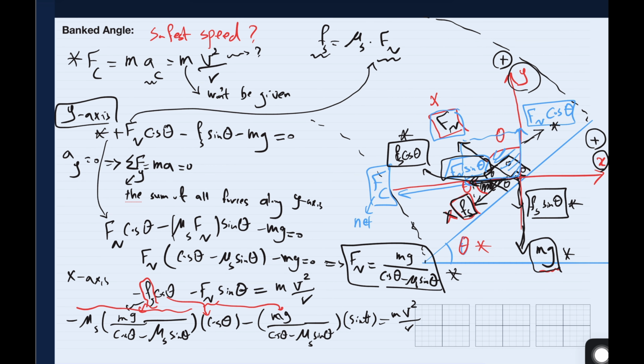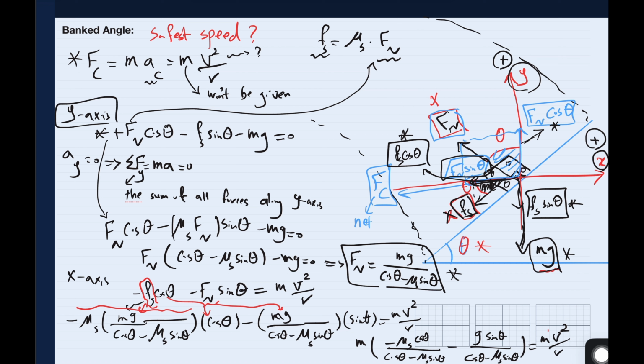So if I factor out m, then I have negative mu s cosine theta divided by cosine theta minus mu s sine theta, and then minus g times sine theta divided by cosine theta minus mu s sine theta, equals v squared over r.